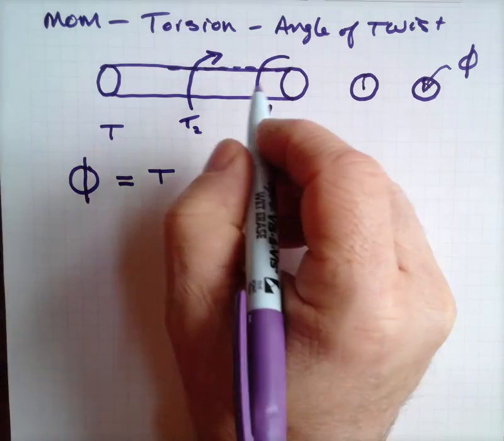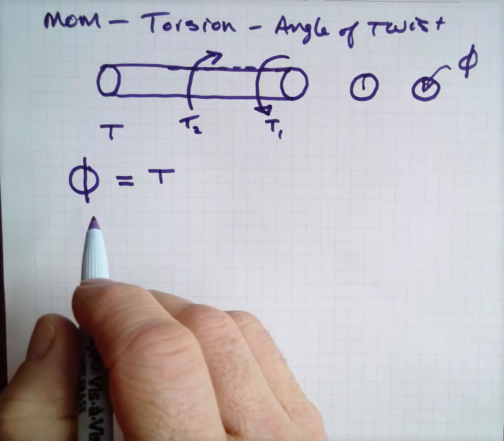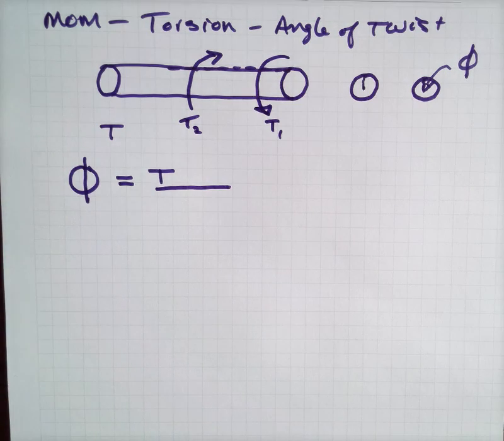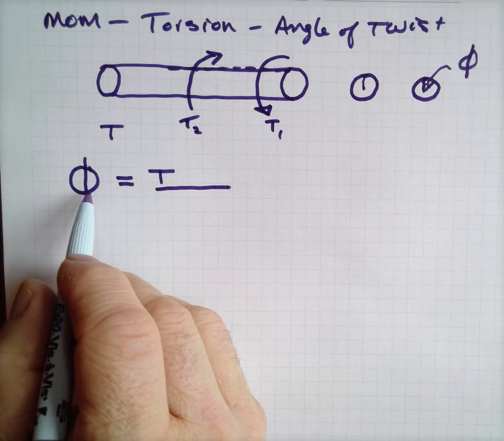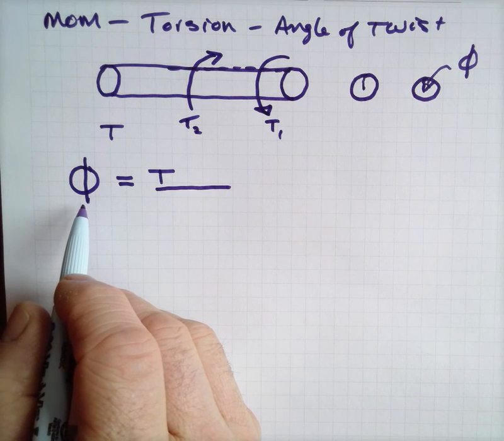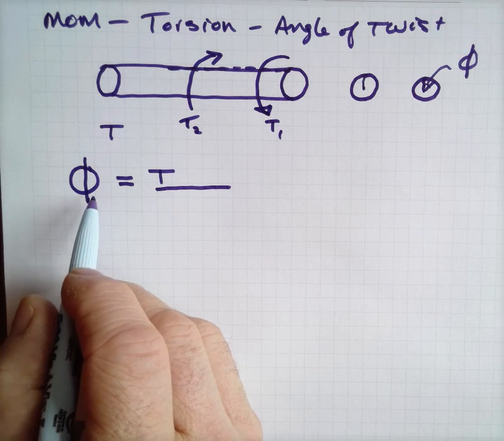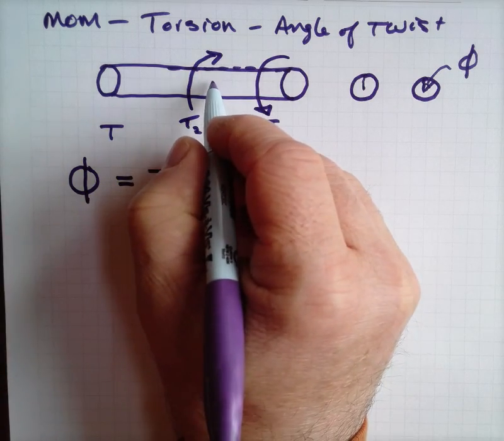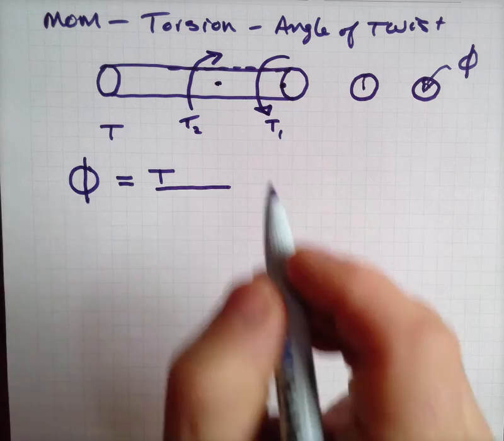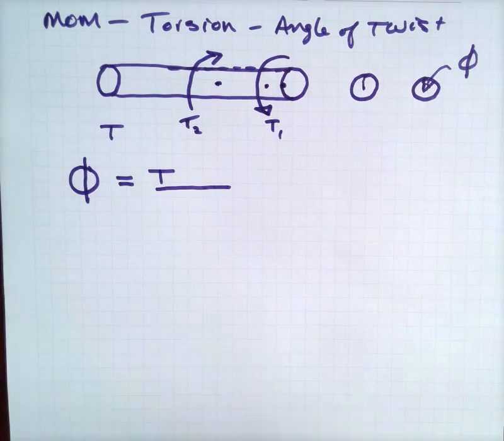Another variable, and so before I give us this next variable, I have to talk about what angle of twist means along the length of the beam. It's between any two points. So the angle of twist may be from here to here, or from here to here.